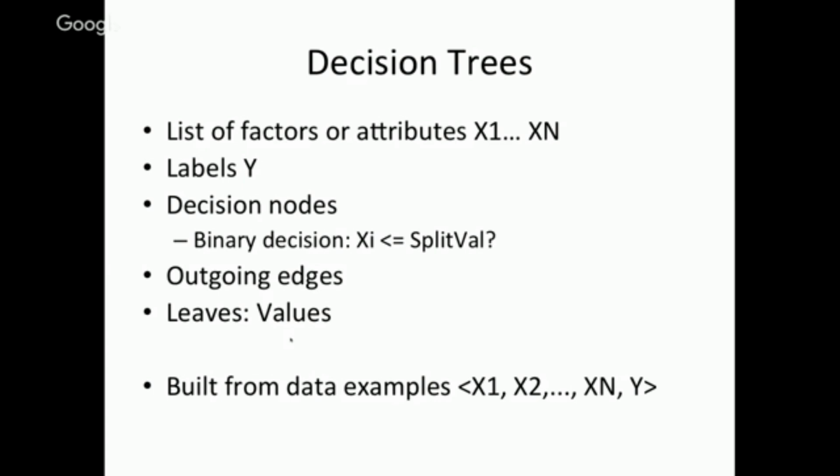And so the factors or attributes are our X's, and we might have many of them. We might have up to N of these factors. Now, associated with each group of factors is a label, Y. So our data consists of the values of the factors and the values of the labels.